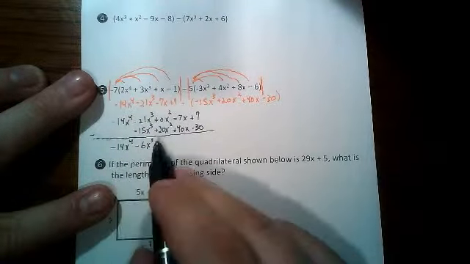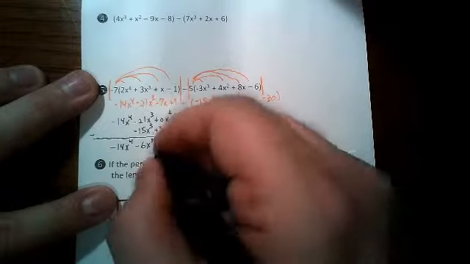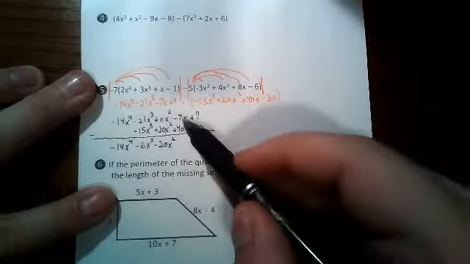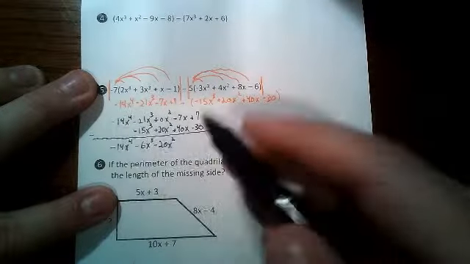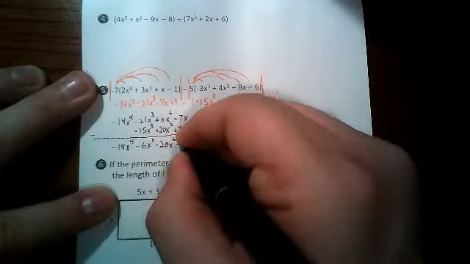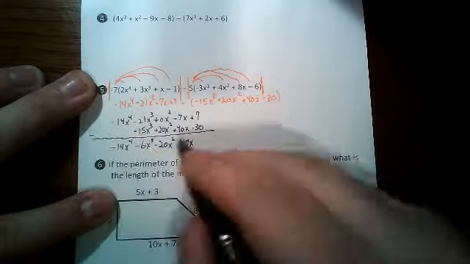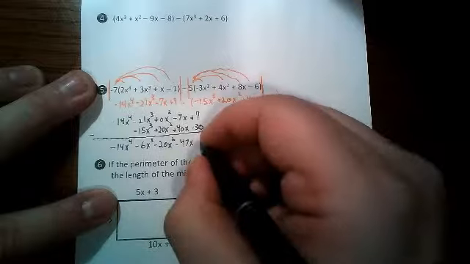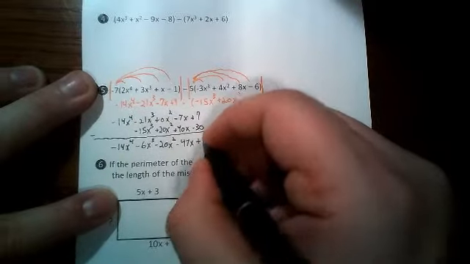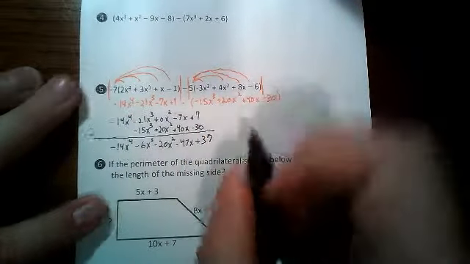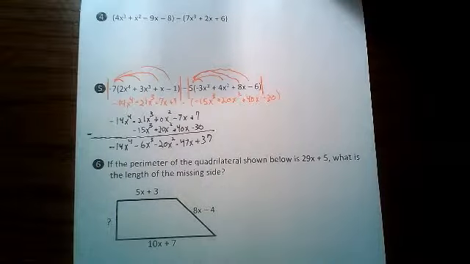So 0 minus 20x squared is negative 20x squared. Negative 7x minus 40x is negative 47x. And then 7 minus negative 30 is positive 37. So that would be my answer for number 5.